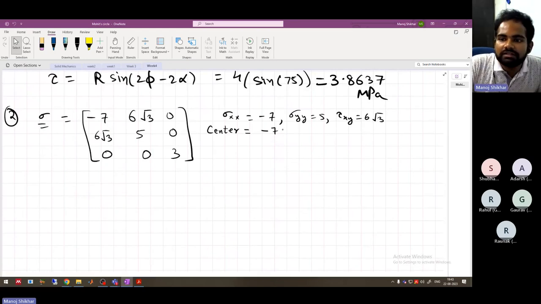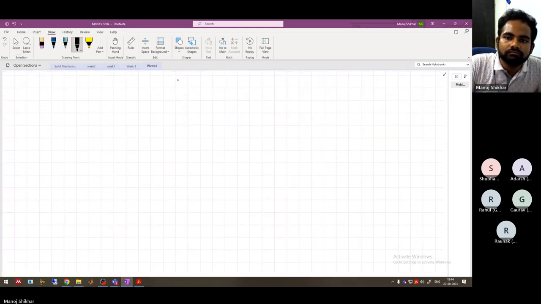The center is -7 plus 5 by 2. So what is this? -2 by 2. This is -1. I will use a scale.